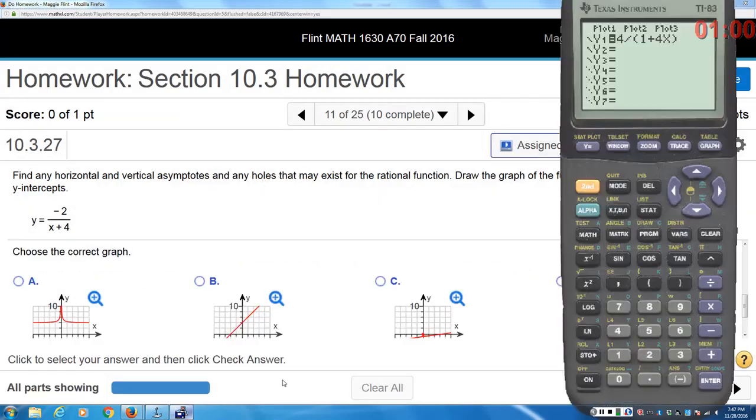Now, if I graph it, it will verify that for me because this is just -2 divided by (x plus 4), close the parentheses, and we'll just zoom 6 on this one just to look at the standard window, because that's what they've got.